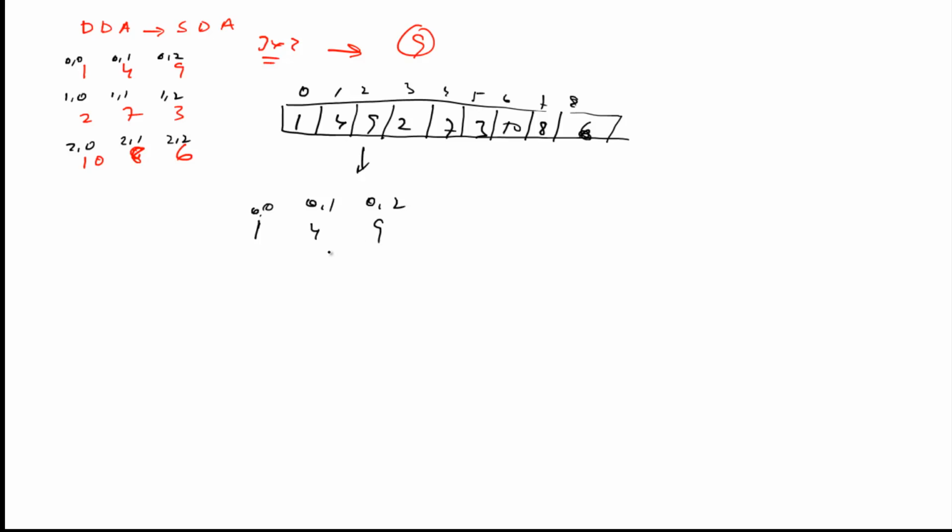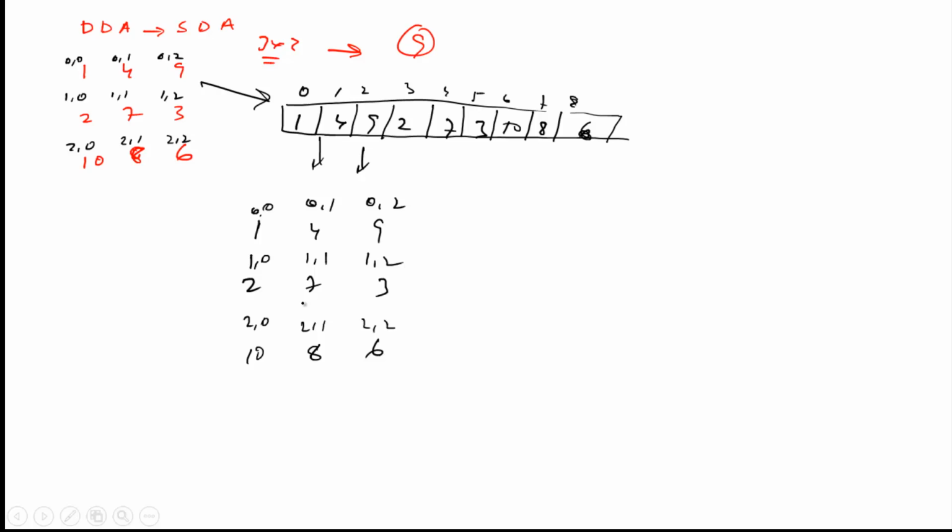Then the third index of the single dimension array will come here, that is 1 comma 0, so this 2 will be here, then 1 comma 1, which is the value 7, then 1 comma 2, which is 3, then 2 comma 0 is 10, then 2 comma 1 is 8, and 2 comma 2 is 6. Is that clear? So the values go from the double dimension array to the single dimension array, and from the single dimension array to the double dimension array like this.